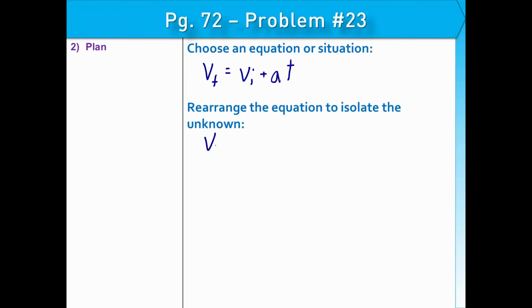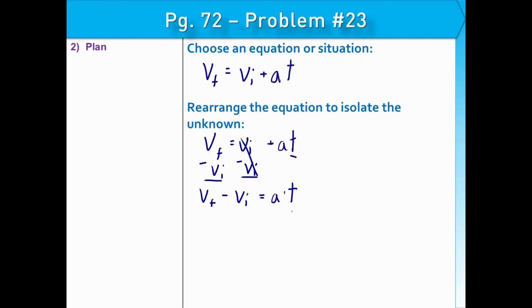Let's rearrange this equation to make my math easier. I want to solve for my unknown, which in this case is time. First, I can subtract initial velocity from both sides. This eliminates it on the right, and on the left-hand side I have final velocity minus initial velocity equals acceleration times time.